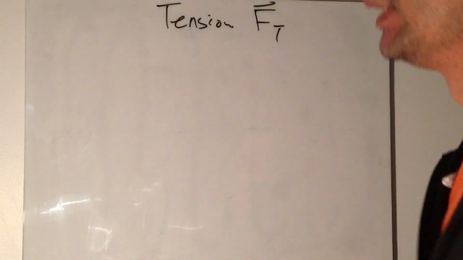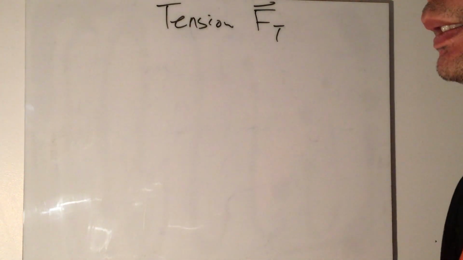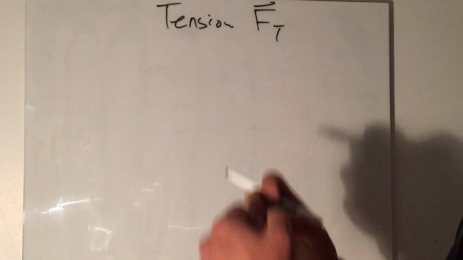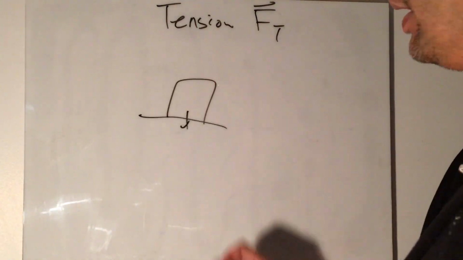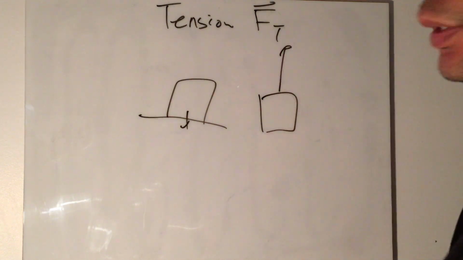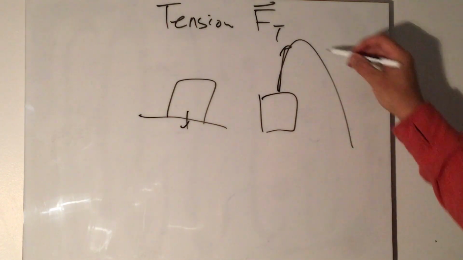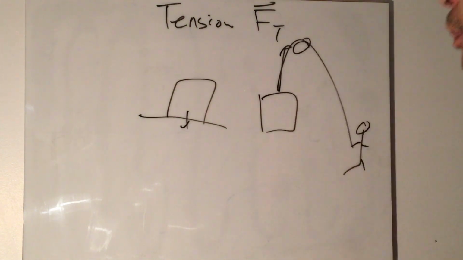Ft. So tension exists when two objects are, or an object is being held via a rope. So instead of sitting on the ground, you now have this box and it's being held up by a rope, let's say. Okay, holding the rope with the pulley there.